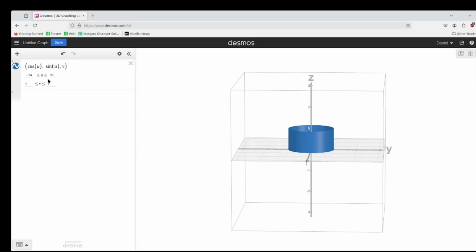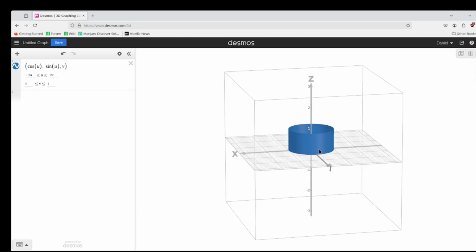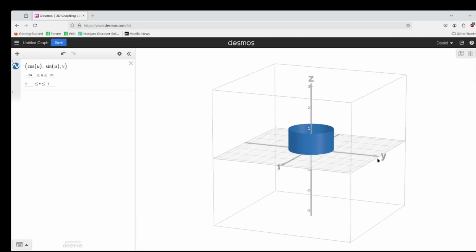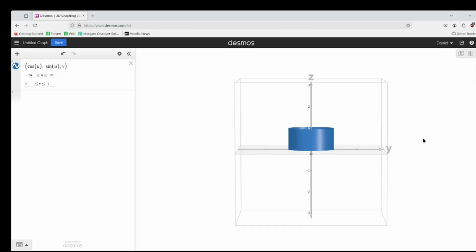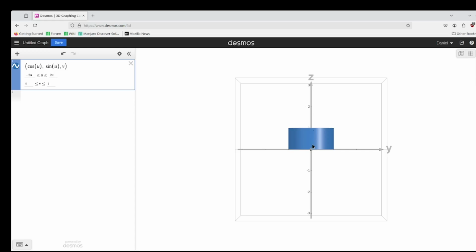Actually, before I show you the other method, for those of you wondering how you orient the cylinder differently, like say you want it to be facing z and y, you would want to draw the circle this way, right? With the two axes you're interested in facing you.